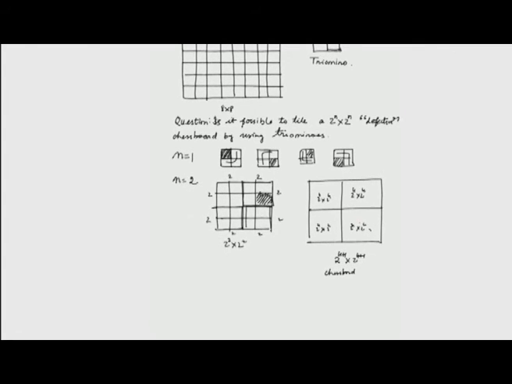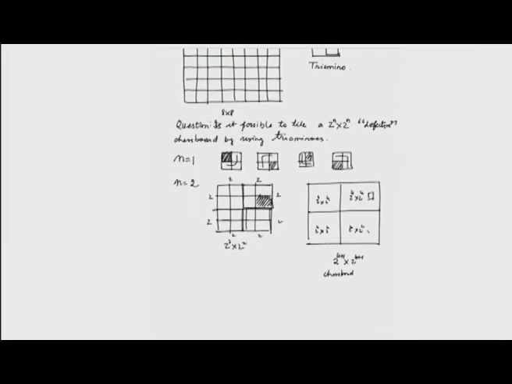All right. Now, we know that there is a defect. So, the defect in the 2 to the power k plus 1 by 2 to the power k plus 1 chessboard has to lie in one of these smaller chessboards.